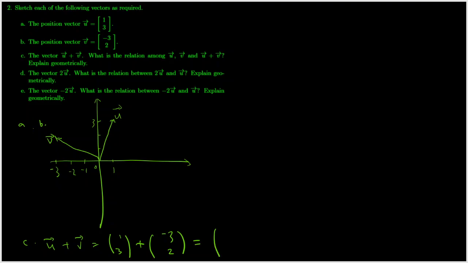So for the answer, you add the corresponding components. The first component for u plus v is -2 and then 5. Right? 5 is the second component. I hope I have enough room for 5.